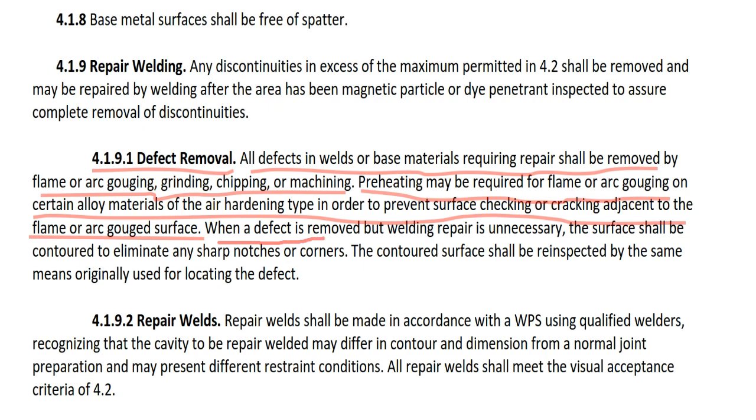When a defect is removed but welding repair is unnecessary, the surface should be contoured to eliminate any sharp notches or corners. The contoured surface should be re-inspected by the same means originally used for locating the defect.